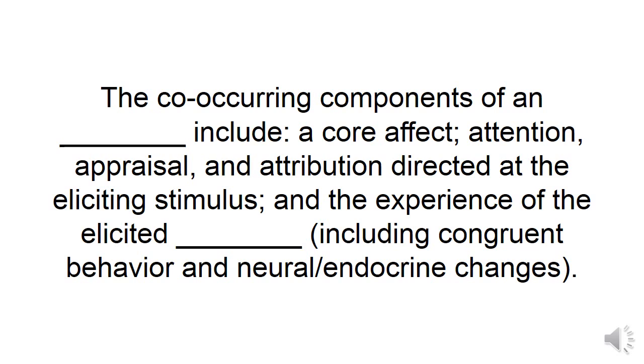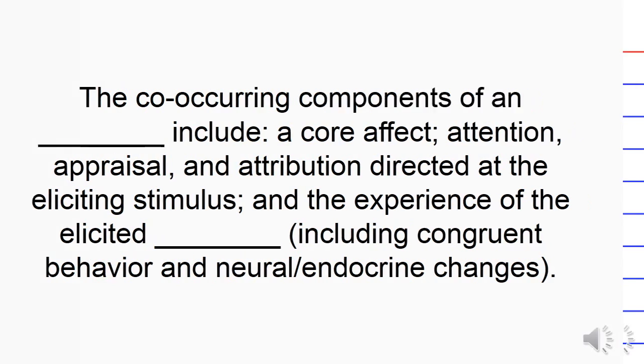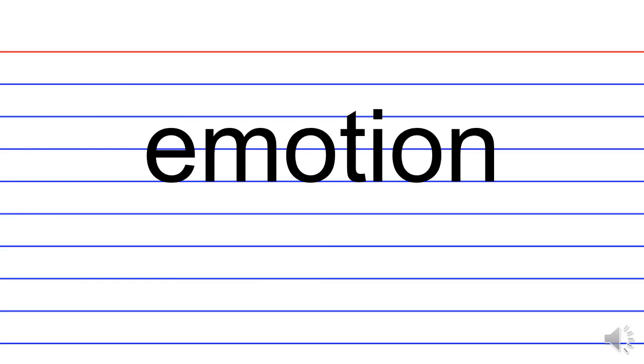I think that's like an example of alliteration. Directed at the eliciting stimulus and the experience of the elicited emotion, including congruent behavior, that's behavior that's expected, and neural/endocrine changes. So the same word goes in both these blanks. What is it? That would be emotion. So that's emotion again.